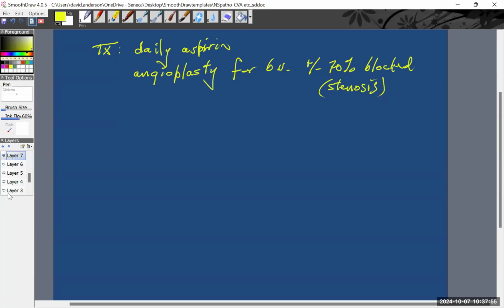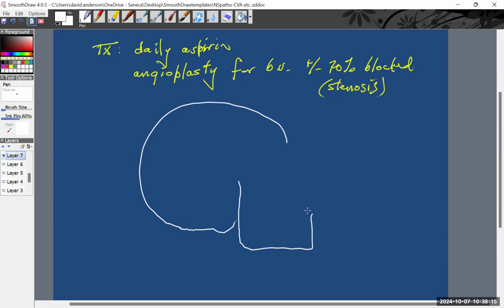Okay, so what about these blood vessels? I'll show you a nicer picture in a minute. But what we're going to do is show the cranium, and the cranium will look something like this. Just to give us an idea here, we'd have our cervical vertebrae there.